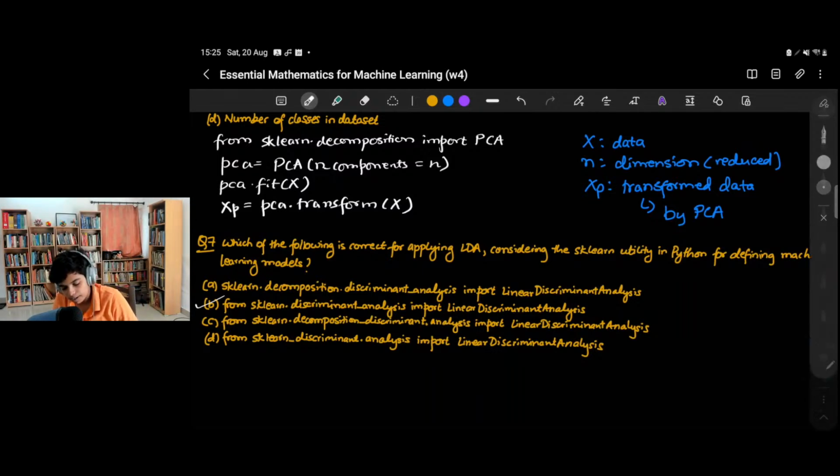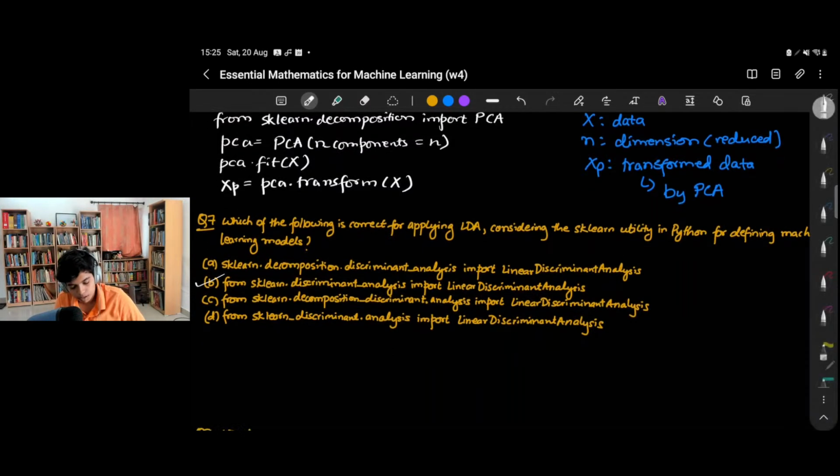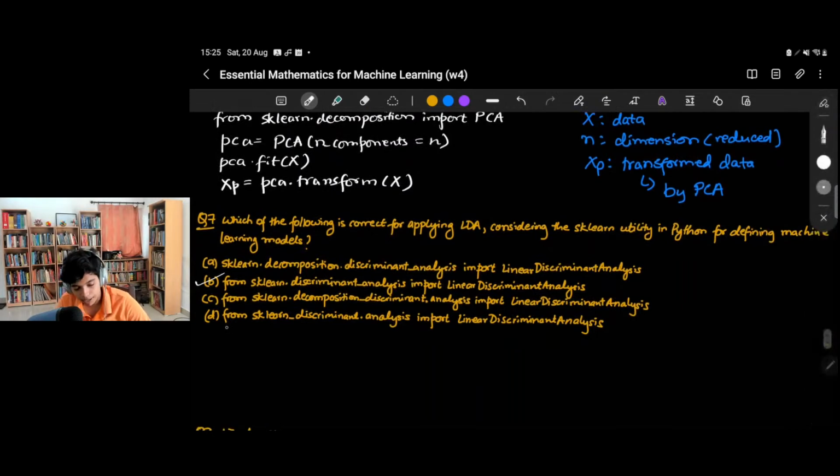Now, again, I will write down the syntax for using this in Python. So this time you would do from sklearn.discriminant_analysis, you would import LinearDiscriminantAnalysis.